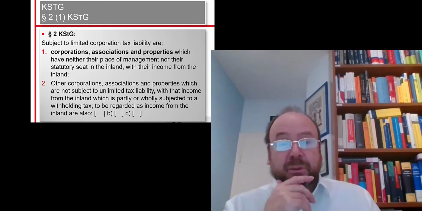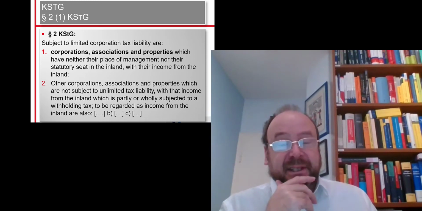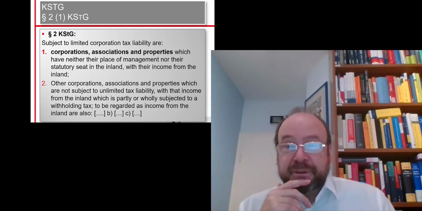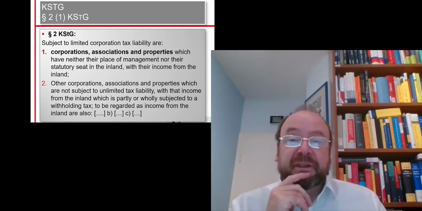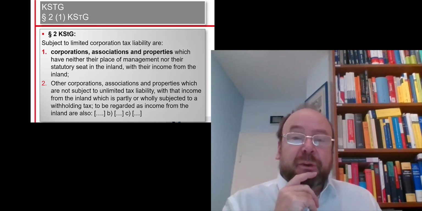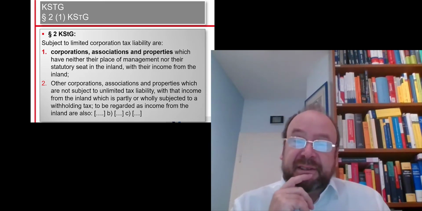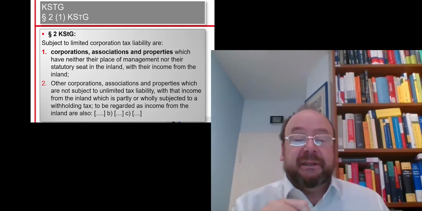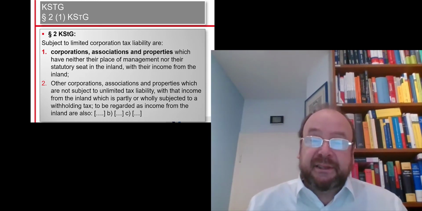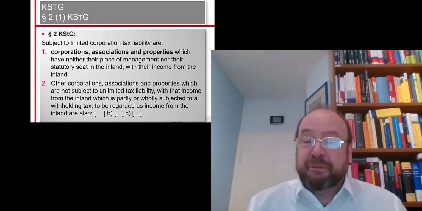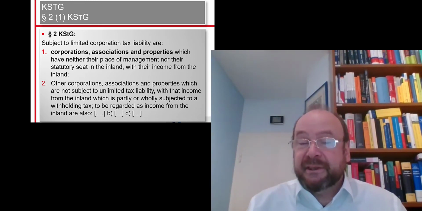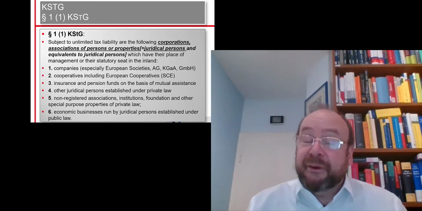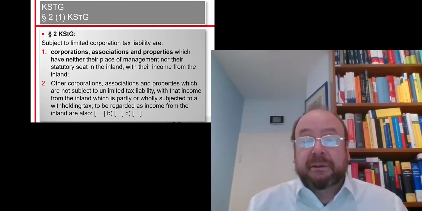Paragraph 2, 1 KStG then says again, if you are not subjected to unlimited tax liability, your income situation has to be tested according to the rules of limited tax liability. So it lists which cases are possible here. That's mainly if neither your place of management nor your statutory seat is in the inland. So if you are not subjected to unlimited tax liability, sure. Good.